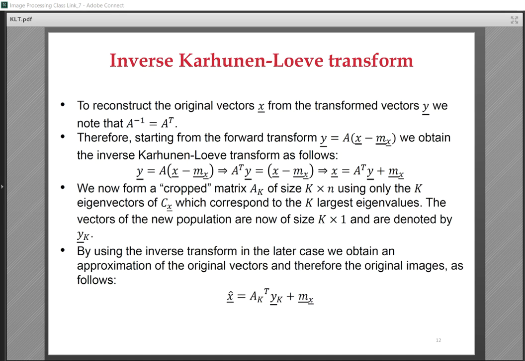Reconstructing x from y. This is the inverse method.